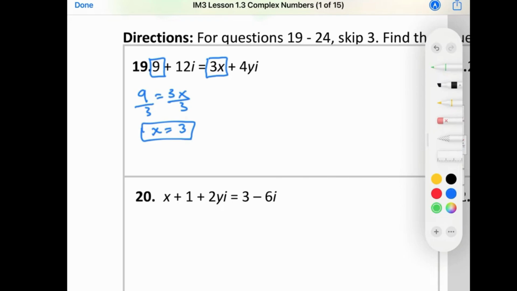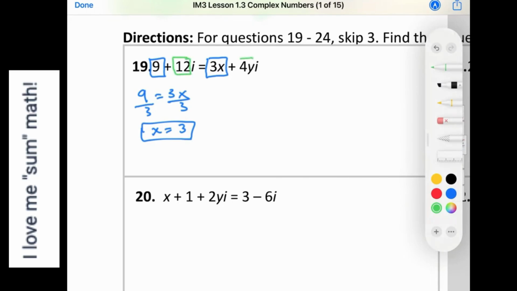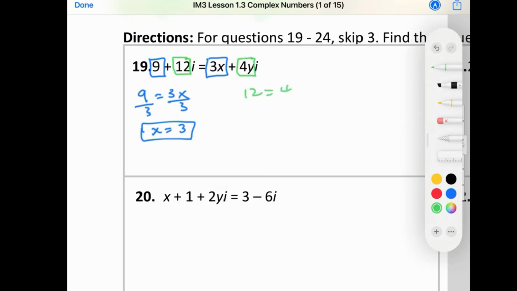And you do this part now. Pay attention. I know it's the imaginary part, but I'm taking its coefficient, what goes in front. You see that? If I divide by 4, we're going to get y equals 3.